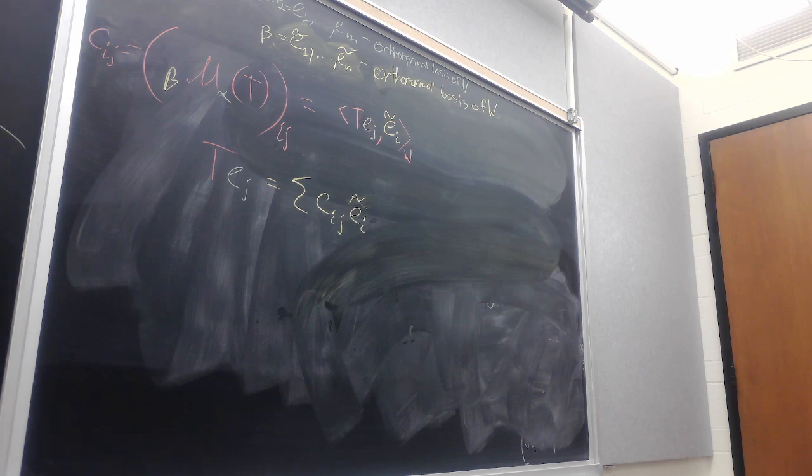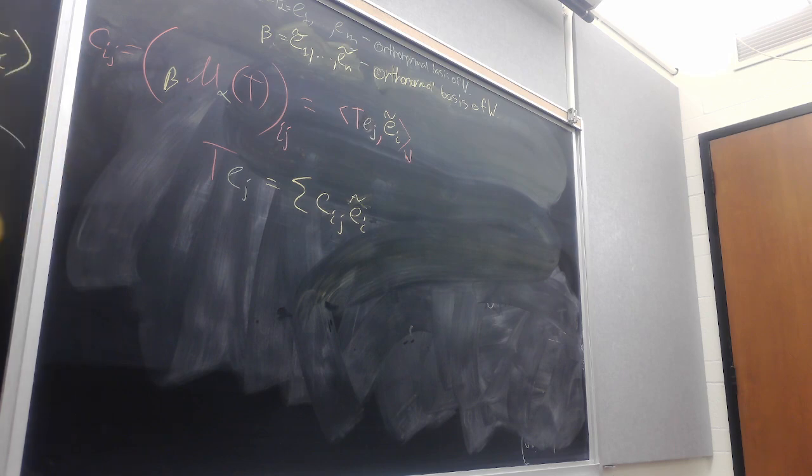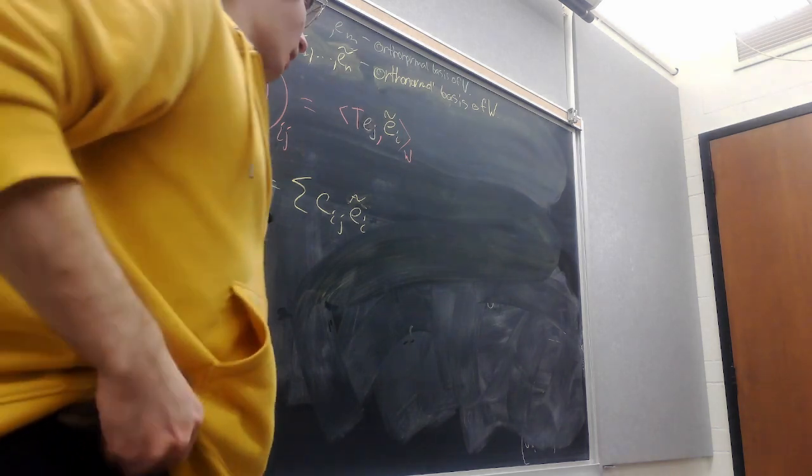So the corollary was that the matrix element from alpha to beta, the matrix element T ij of T, was equal to the inner product of T E J, comma E I tilde. And remember, this is the inner product in W. This is the inner product in the target space. Right?